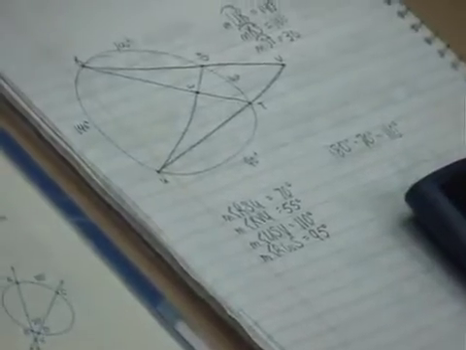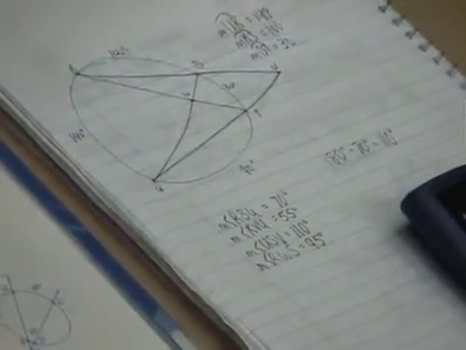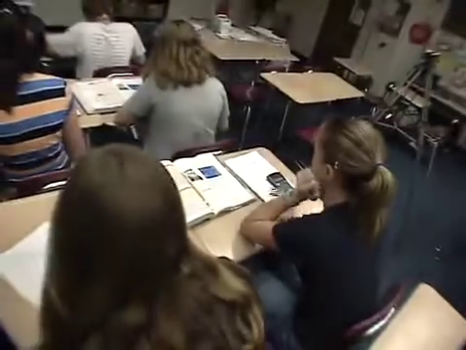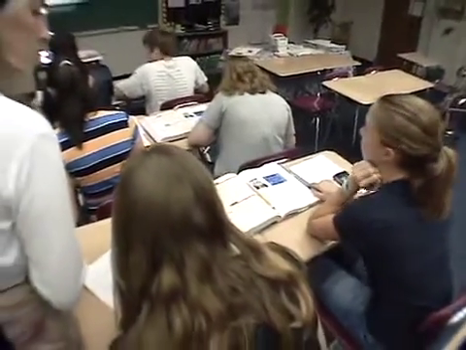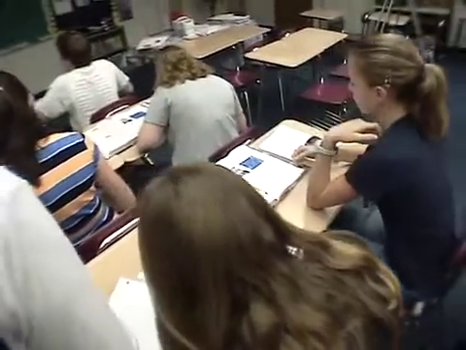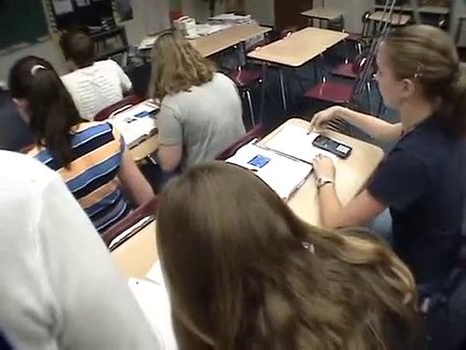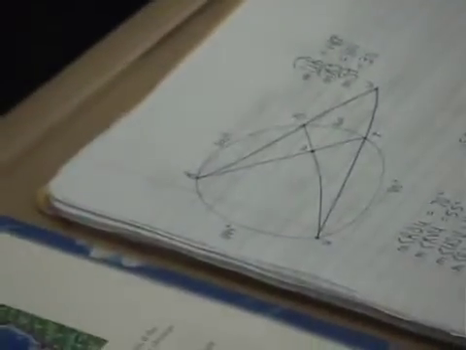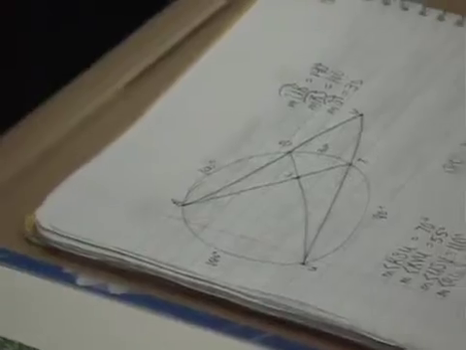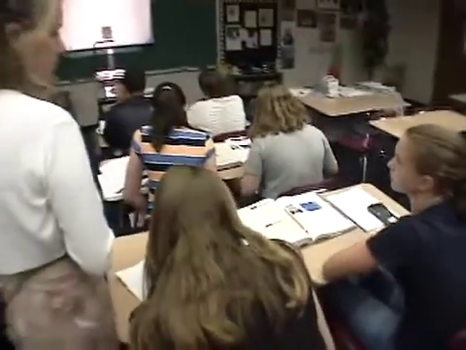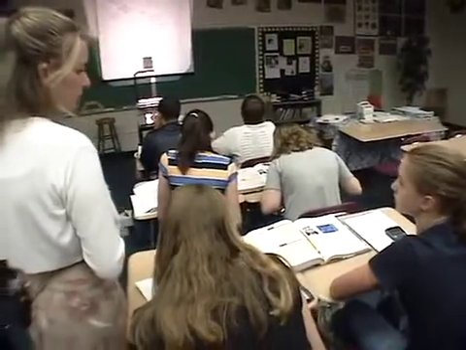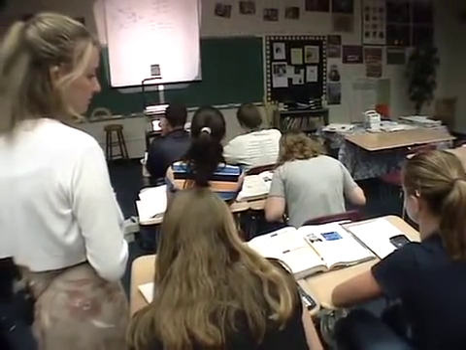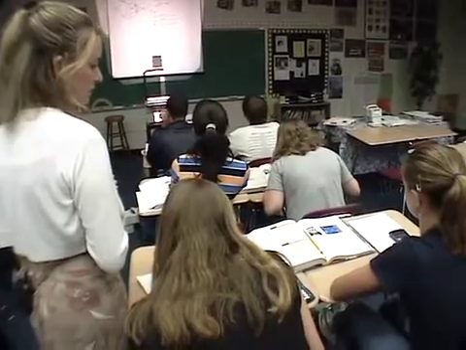USB. How did you get that one? Because RSU is half of 140, so 70, and that's a line, so it equals 180. 180 minus 70 equals 110. Okay. Did you follow? Explain that to me again.